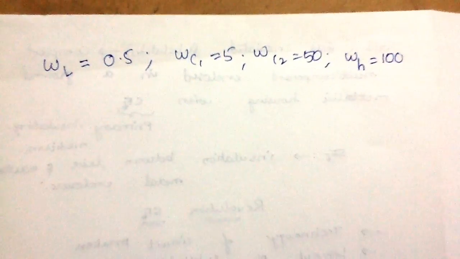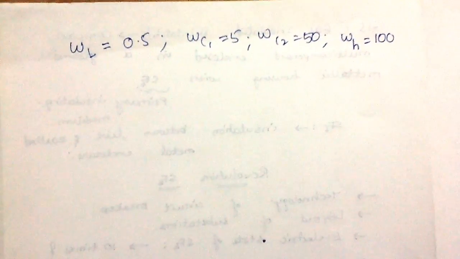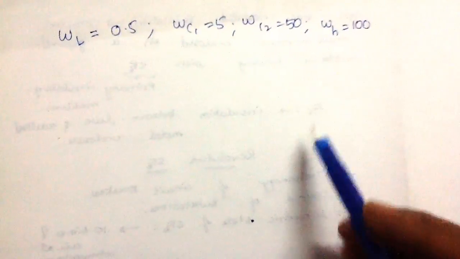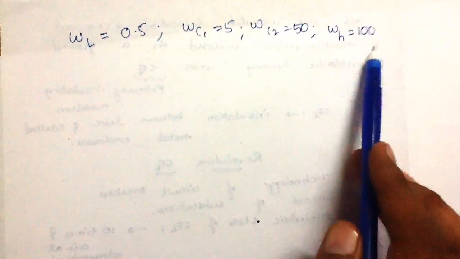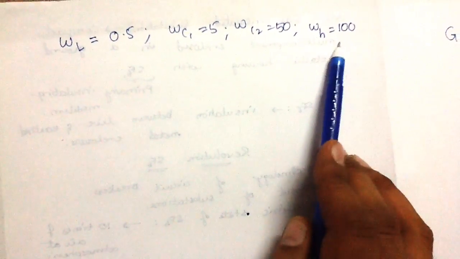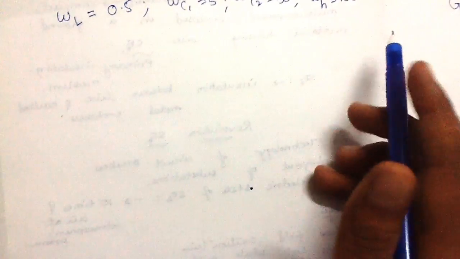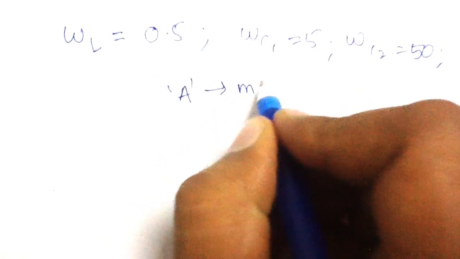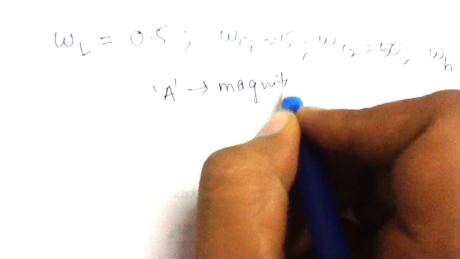So these are our different corner frequencies, and we have to find out magnitudes at these respective frequencies, and then we can plot the magnitude plot of the Bode plot. And magnitude, I just forgot to mention, is denoted by A in most cases.